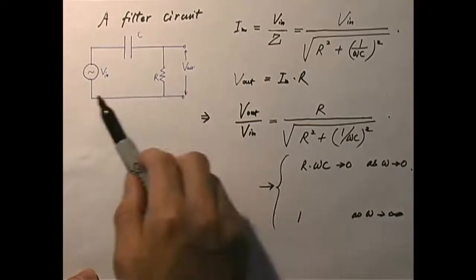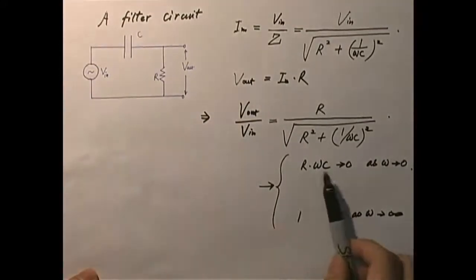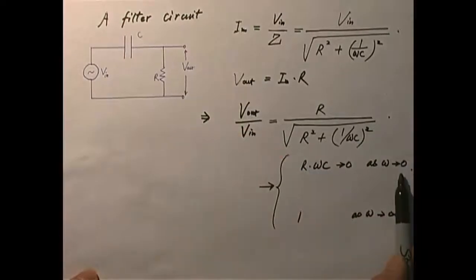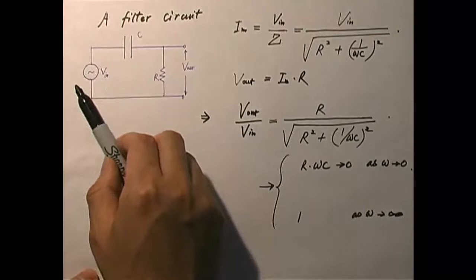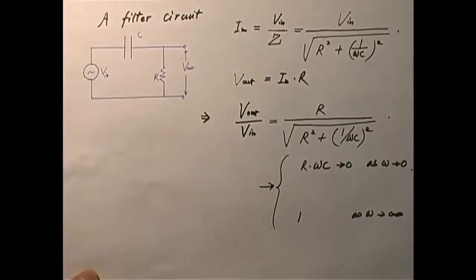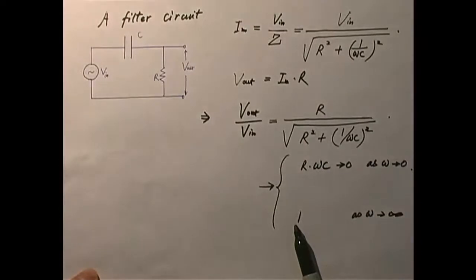Then for the low frequency components, the output is really small. For the high frequency component of the input signal, the V out is very large. It basically is almost 100% of the high frequency signal.